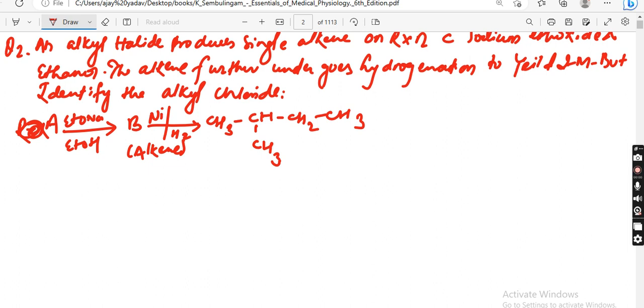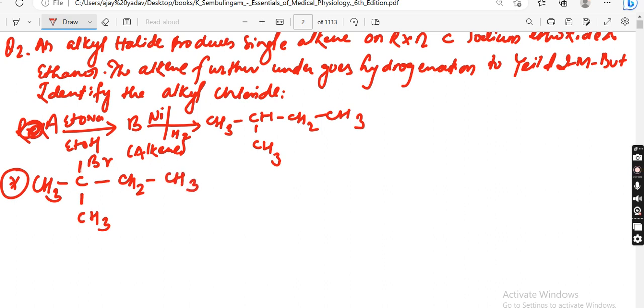Suppose this is CH3, then CH3, and suppose here it was Br, and this is CH2CH3, and you do dehydrohalogenation, then there would be two different products.